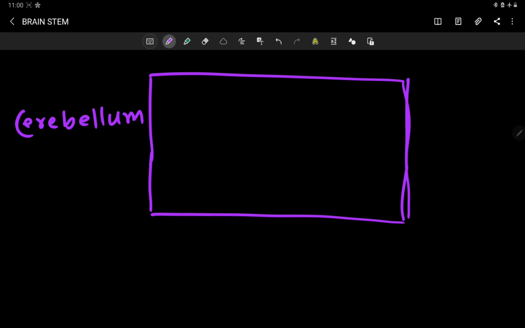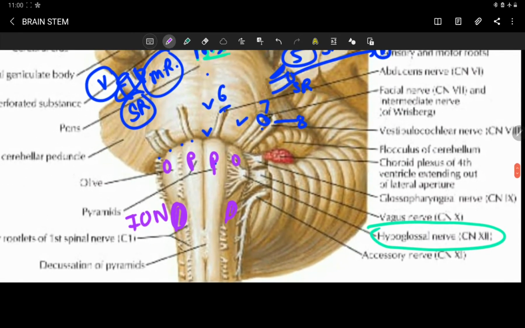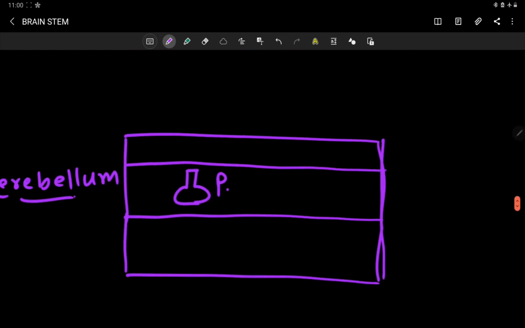In the cerebellar cortex you can see three main cortical layers: the outermost layer, the Purkinje cell layer, and next the inner granular layer. In the Purkinje cell layer you can see the flask-shaped Purkinje cell. I am writing P for Purkinje cell.